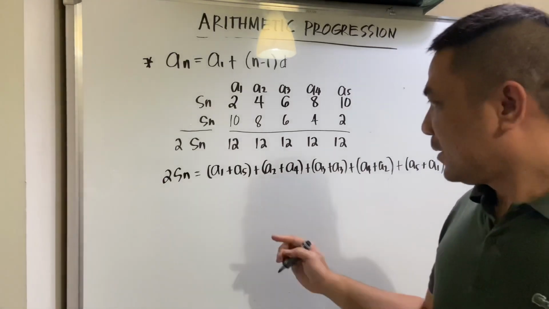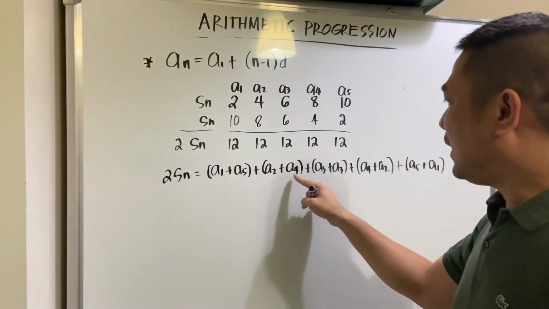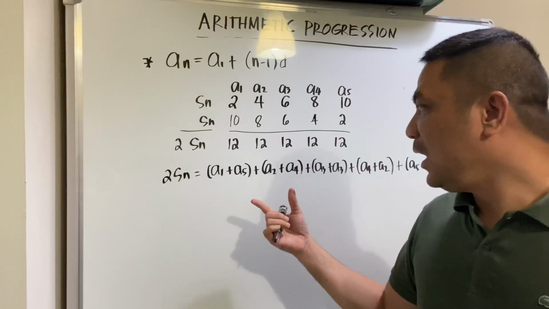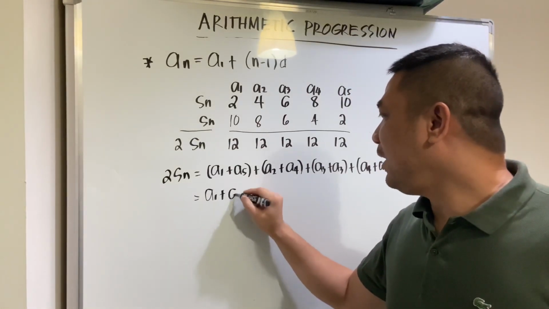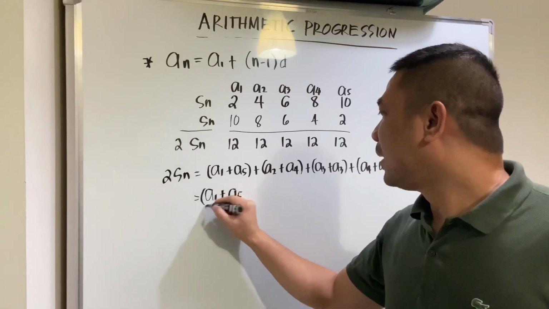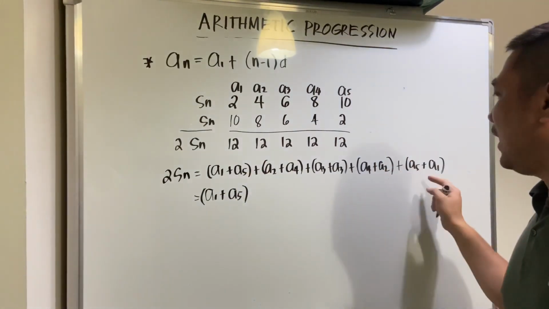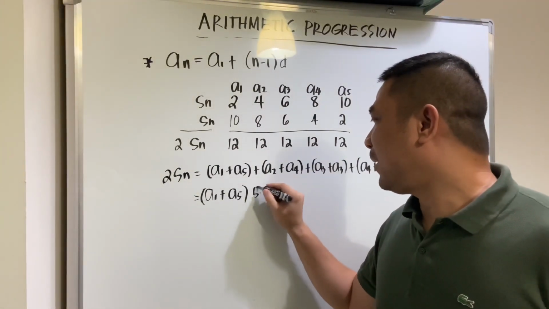So in other words, you will see also that A1 plus A5 is equal to A2 plus A4. If you try to factor out A1 plus A5 here, we'll have A1 plus A5 times the number of terms, 1, 2, 3, 4, 5. So you'll have the number of terms, which is 5, right?